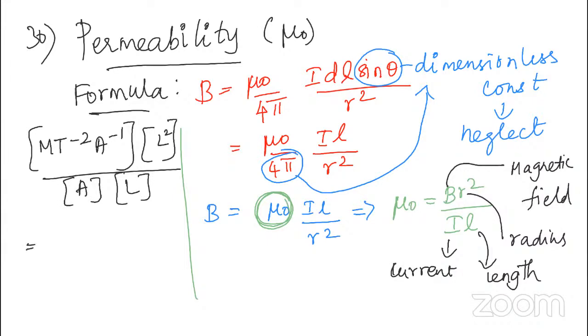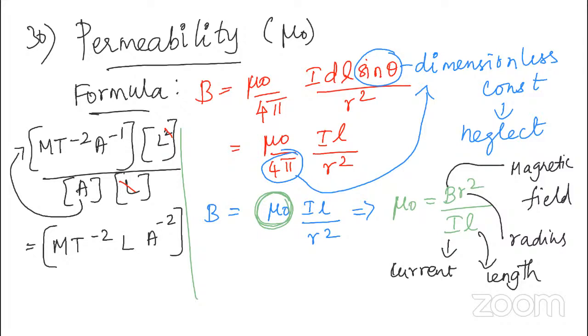The A, which is ampere, we can push it above. So M T power minus 2 into L A power minus 2. Here L and L should be cancelled.